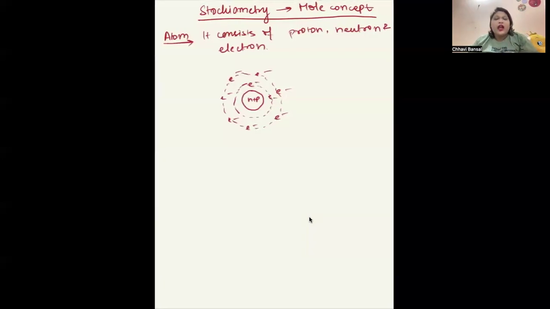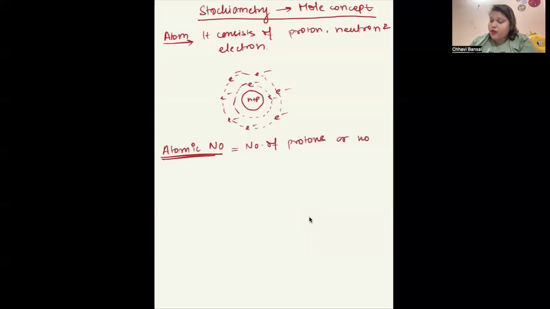So when we define an atom of an element, we use certain terminologies. The first terminology is atomic number. This number is equal to the number of protons, or the number of electrons in the neutral state. See, why are we writing this? Try to understand.